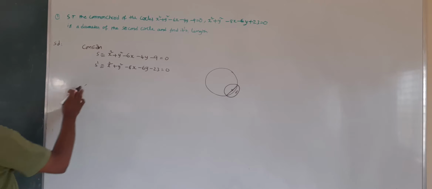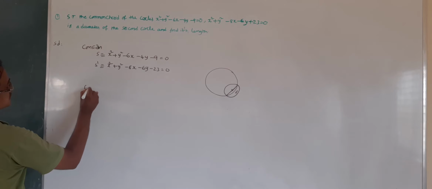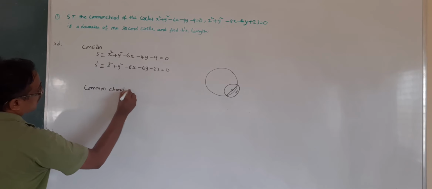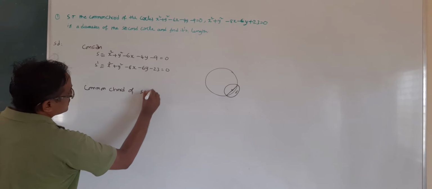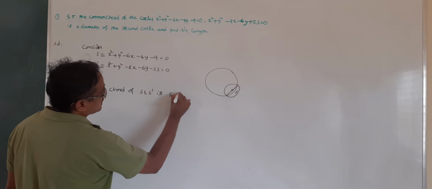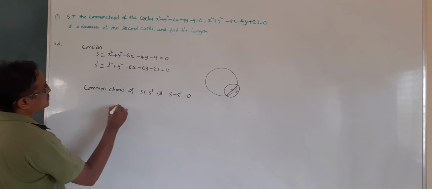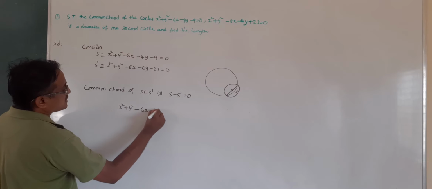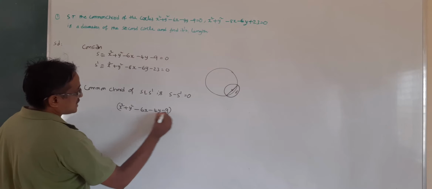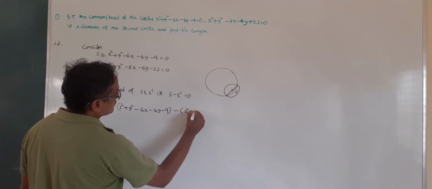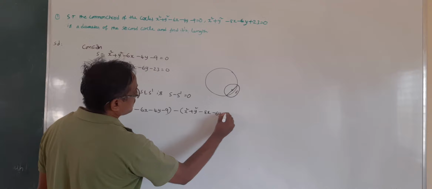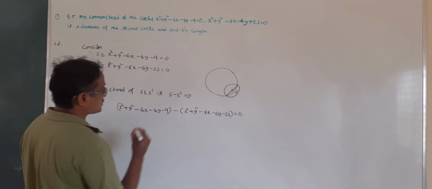Now let us consider the common chord of two circles. So the common chord of S and S dash is S minus S dash equal to 0. So x square plus y square minus 6x minus 4y minus 9 minus of x square plus y square minus 8x minus 6y plus 23 equal to 0.